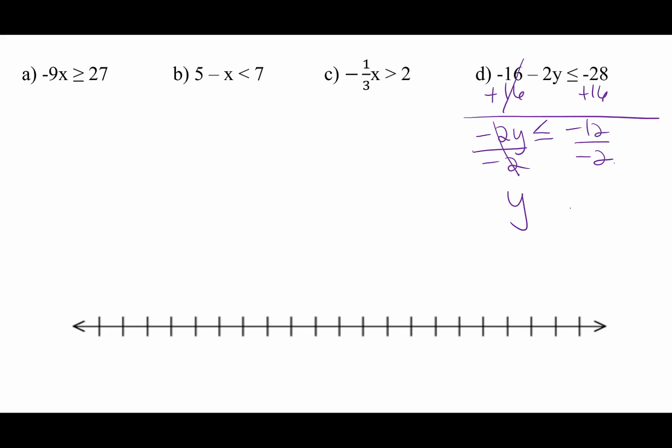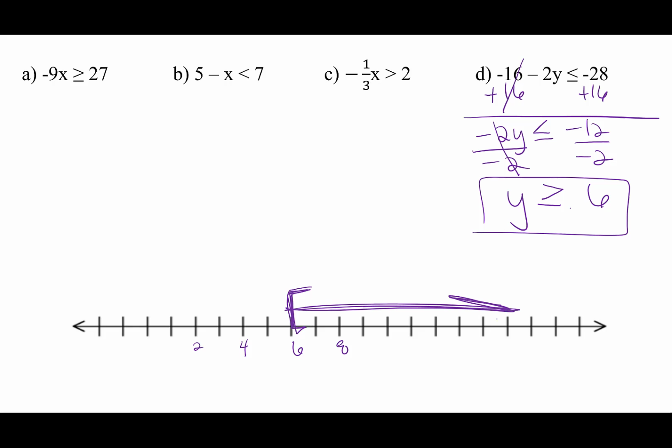Negative 12 divided by negative 2 is positive 6. But again, because we divided by a negative number, the inequality sign switches directions. This is part 1 of your answer. Y is greater than or equal to 6. Come down on your number line, put a bracket on positive 6, and shade everything that is greater than positive 6, which is the right side of the number line.